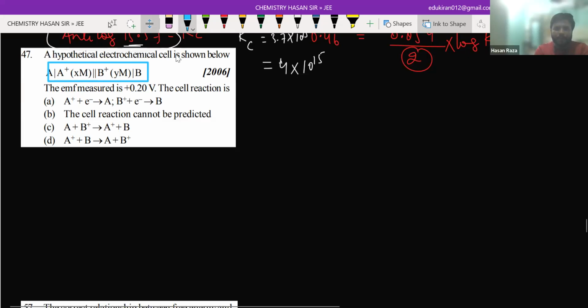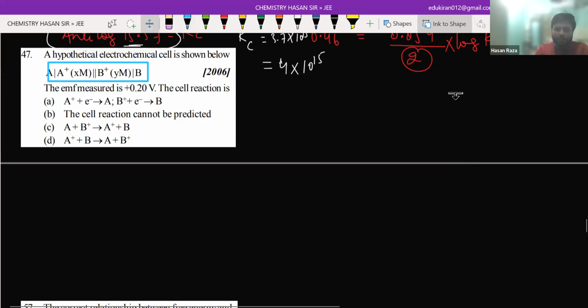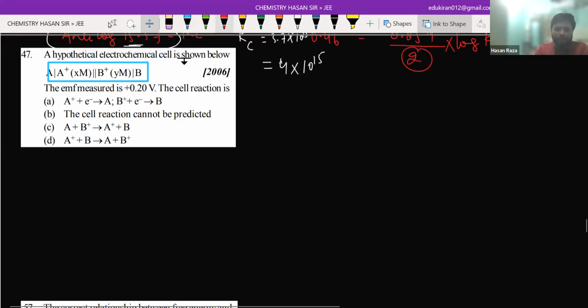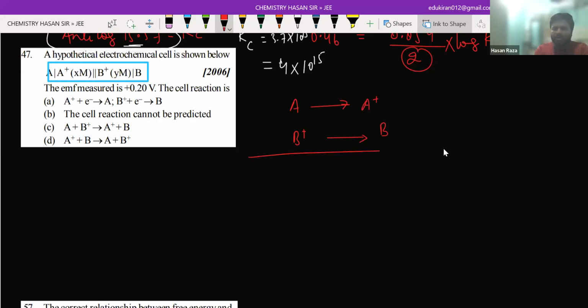Will you be able to write a reaction for this representation? So I'm going to explain. You can see A is moving from A to A plus, and B plus is moving from B plus to B. Now what you need to do, just add them. A plus B plus will give you A plus plus B. And hence the answer will be C. Isn't it easy?